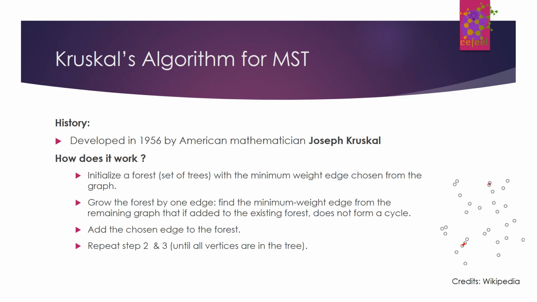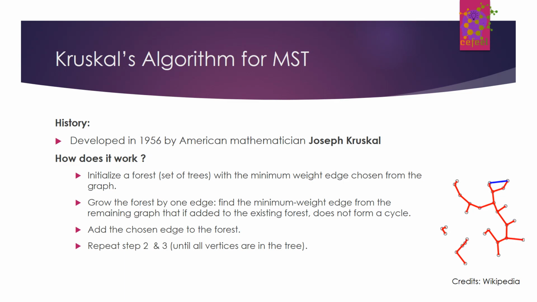As you can see on the right side, there is an animation from Wikipedia. We choose the smallest possible edge, then we choose the next smallest possible edge, and we keep adding to the existing set of edges and expand our forest to include these edges. Slowly as we do that, we can see the tree starts forming, and we keep doing that till we are able to reach all the vertices.